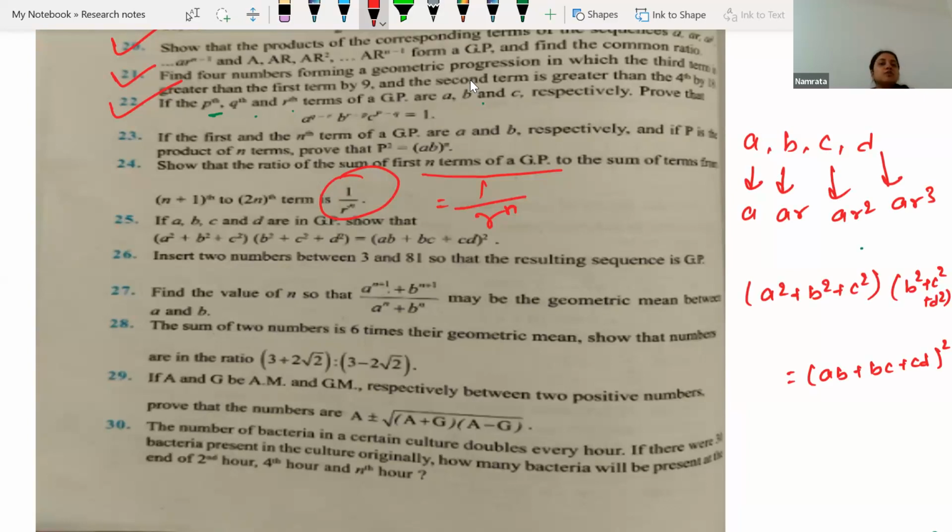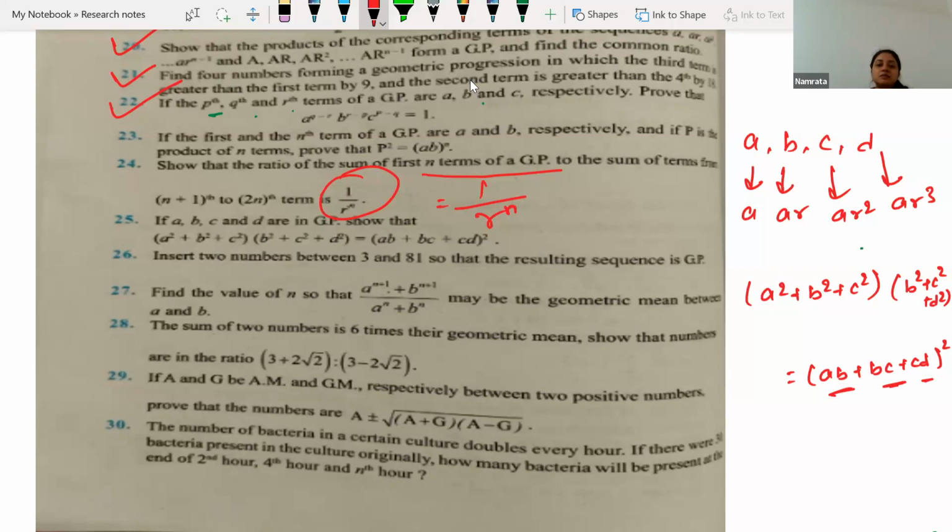Whatever expression we get, we'll keep it aside. Then we will solve the right hand side, and there also we will put the values of B, C, D. Eventually you will see whatever you got from the left hand side, the right hand side is also giving the same, and then you can say left hand side is equal to right hand side.